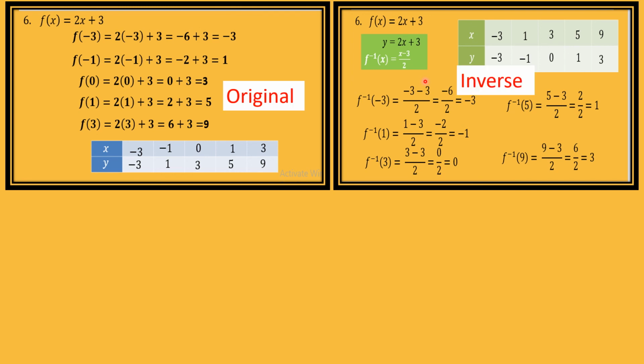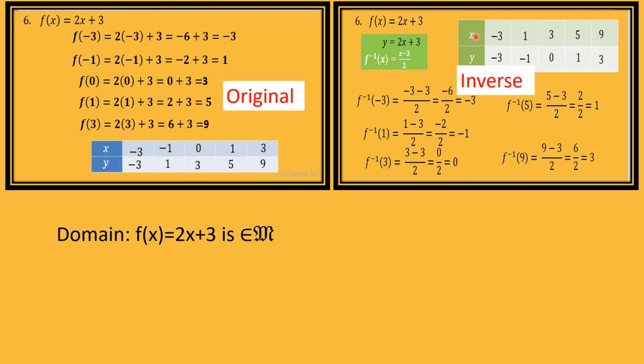Ito po ang ating inverse function. So, ang nakuha natin is negative 3 and 3, 1 and negative 1, 3 and 0, 5 and 1, 9 and 3. So, kung makikita po ninyo, yung x natin dito sa original ay y dito sa ating inverse function. Tapos, yung y natin dito sa original ay x sa ating inverse function.